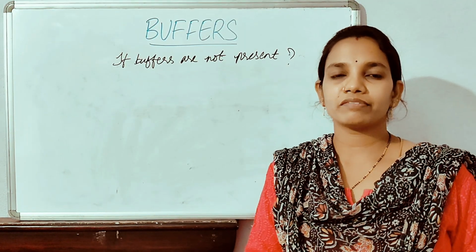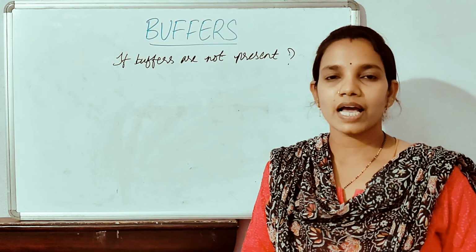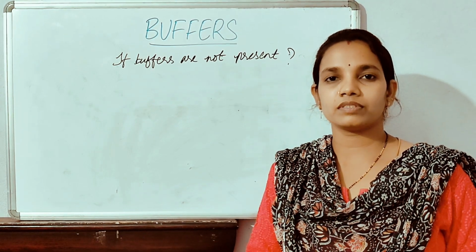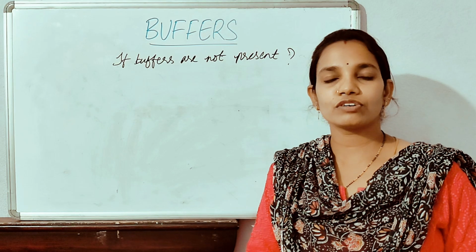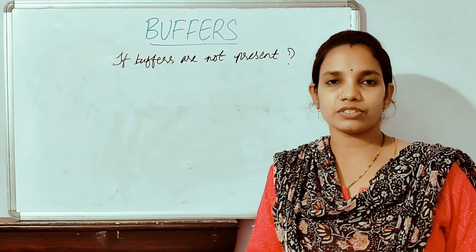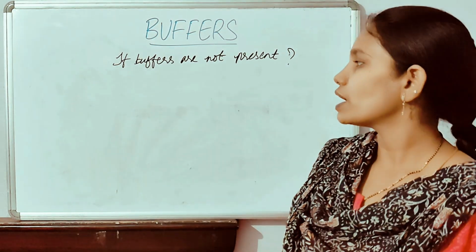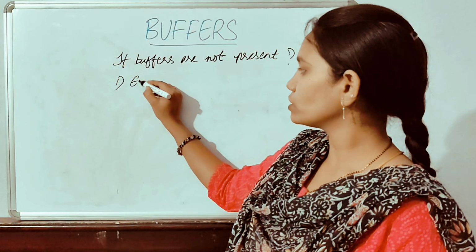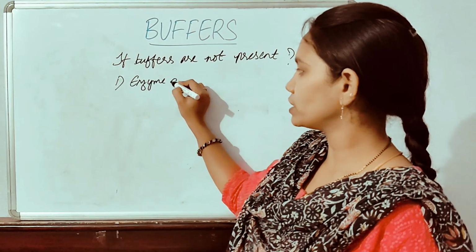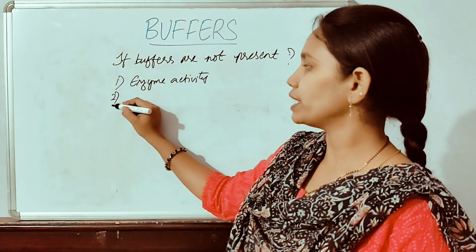What will happen if buffers are not present? If buffers are not present in a system, especially in biological systems, even small additions of acids or bases can cause drastic changes in pH, which can lead to serious consequences, such as first, enzyme activity will be lost or affected because most enzymes work at specific pH.